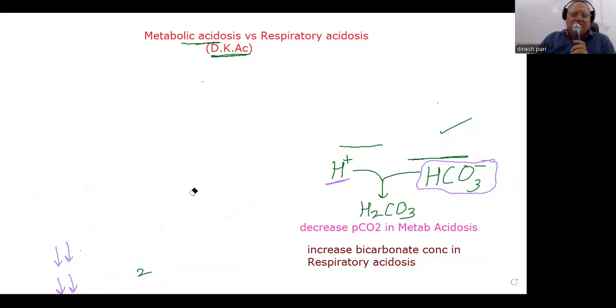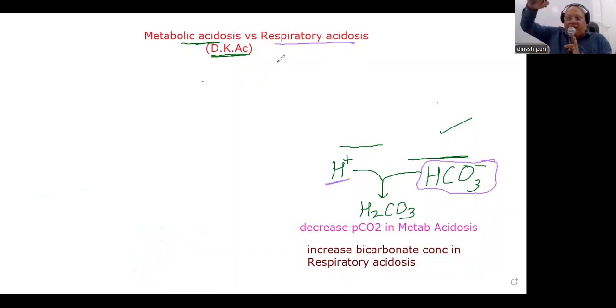Now, although not a topic today, let me talk a bit about respiratory acidosis also. In respiratory acidosis, as we said, the primary defect is raised PCO2. So that can be compensated.